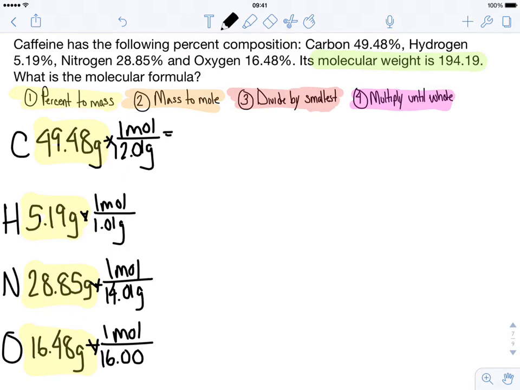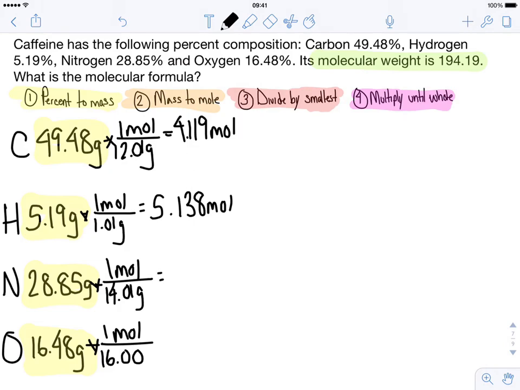So for carbon, I get, with 4 significant figures, 4.119 moles. For hydrogen, I get 5.138 moles.